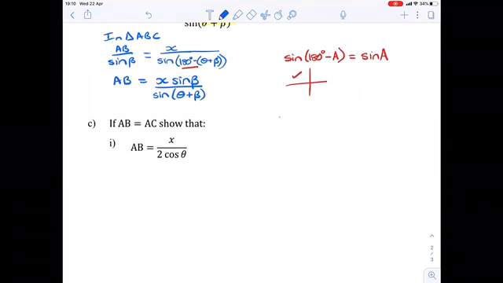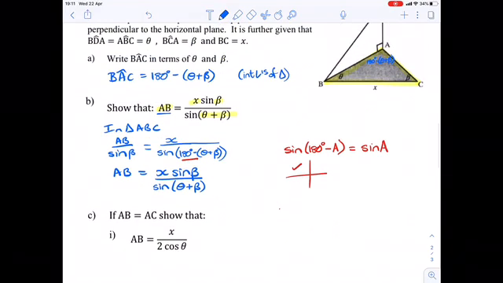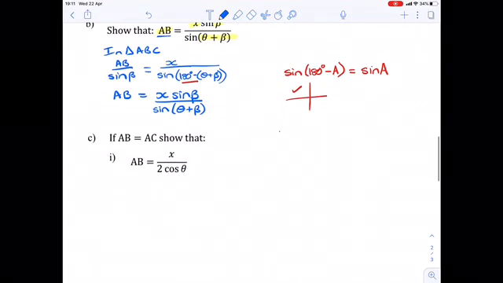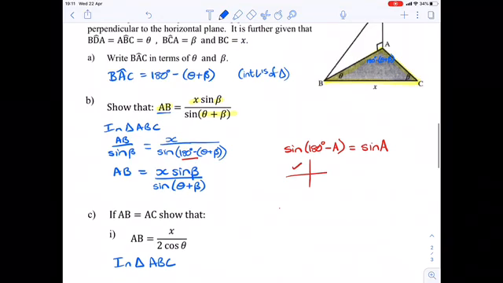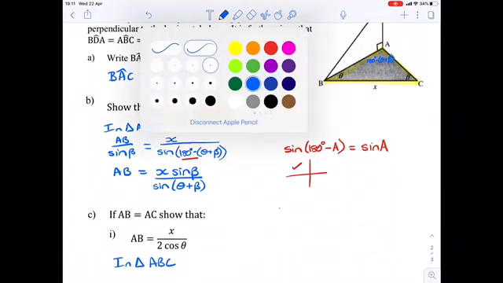Okay, the next question. If AB is equal to AC, show that AB is equal to x over 2 cos theta. So we're going to stay in the same triangle because I still need to do AB, I still need theta, and I still need x. So we're still going to stay in triangle ABC, using the same triangle, but this time I don't want to use the sine rule.